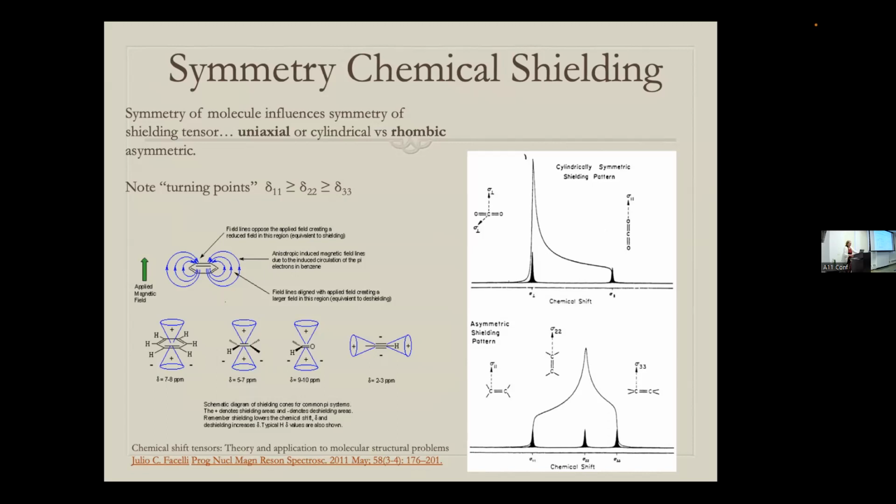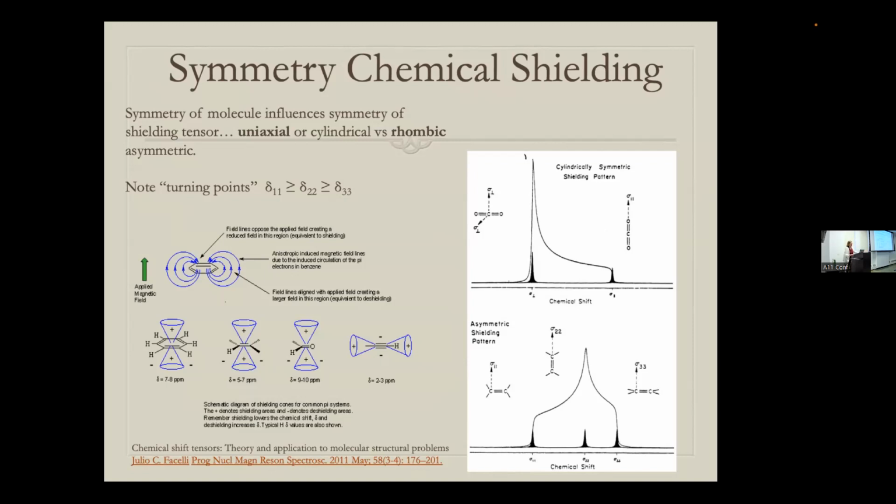So let's look at an example where X and Y are the same on the top versus are not the same on the bottom. And in a general sense, the molecular symmetry expresses itself in the characteristics of the tensor. If the molecule is axially symmetric, the tensor will be axially symmetric. It's the electrons, right?